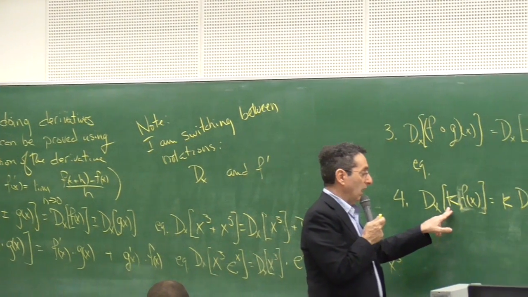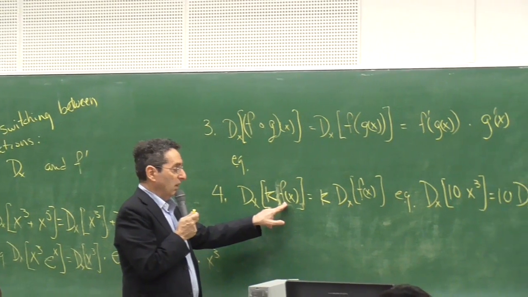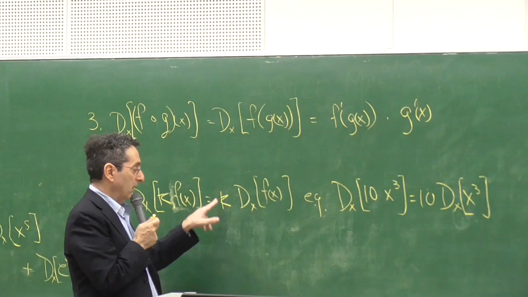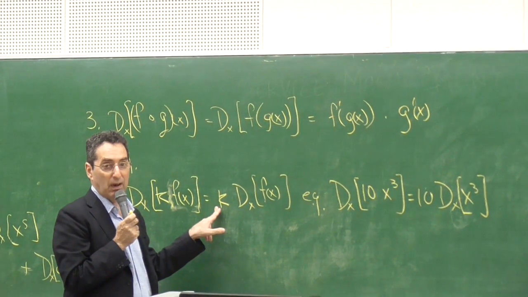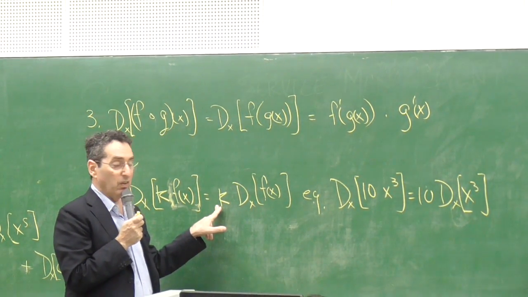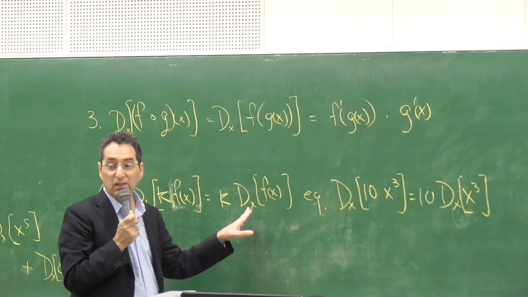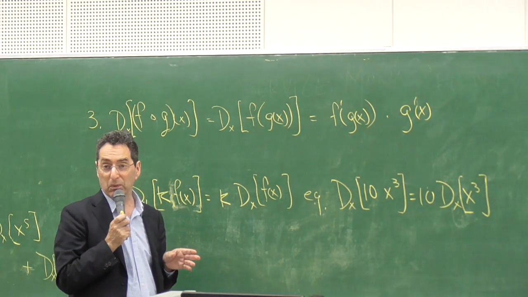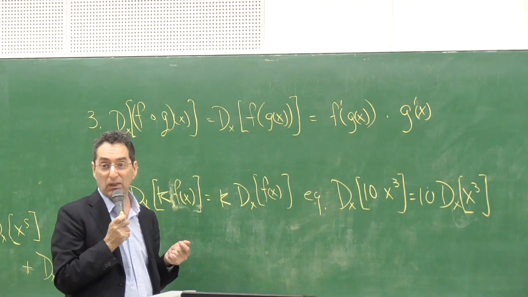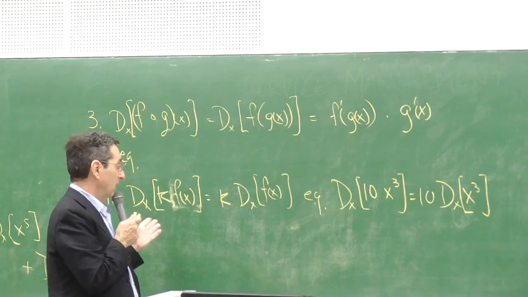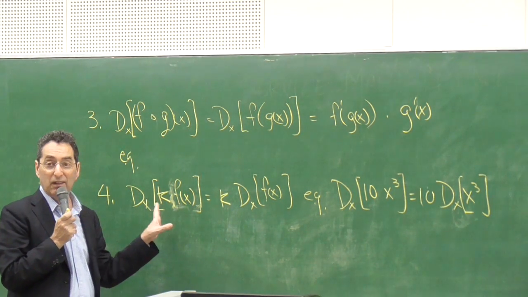So if you have a constant times a function, we have a rule that says we can pull that k outside of the derivative process. The reason is that would make the derivative easier to do, presumably, if you could take out part of it. You don't have to do the derivative of such a big thing. It doesn't mean you have to do this, but this is an option.